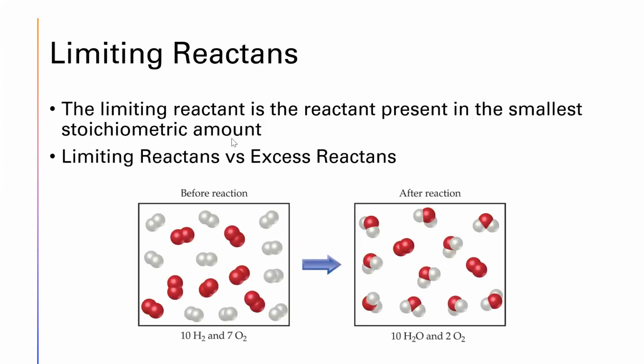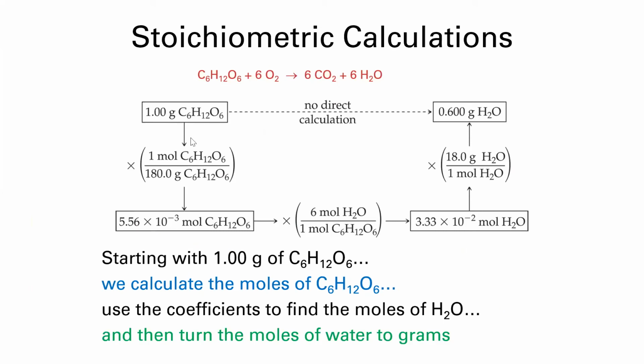For example, from this reaction, we assume we will get 0.6 gram of H2O. This is what we call theoretical yield. For the actual yield, we have to burn 1 gram of C6H12O6, and then the real amount of H2O we get, we call actual yield.